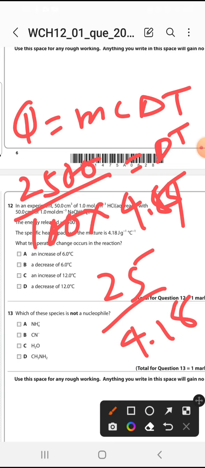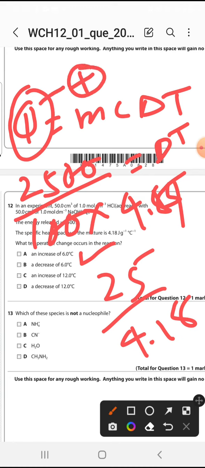Sodium hydroxide and HCl mixed is an exothermic reaction. Since Q is plus, delta T has to be plus, meaning the temperature rises. So it is an increase of 6 degrees. The answer will be A.